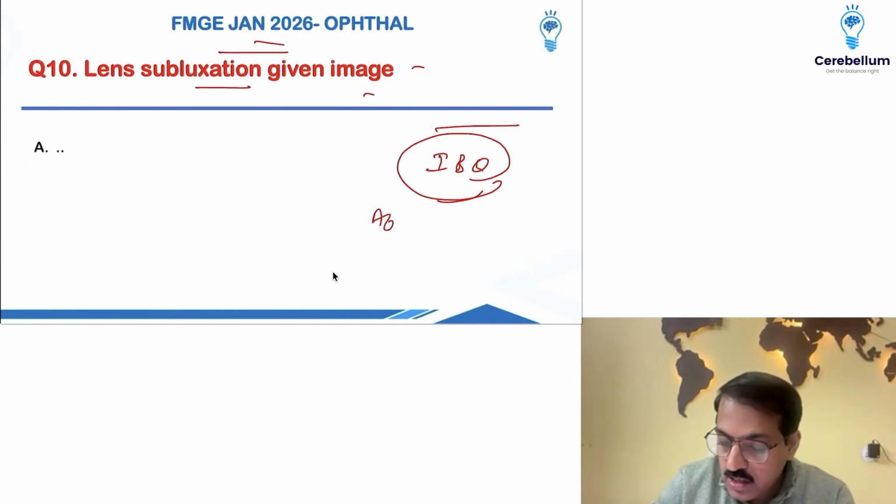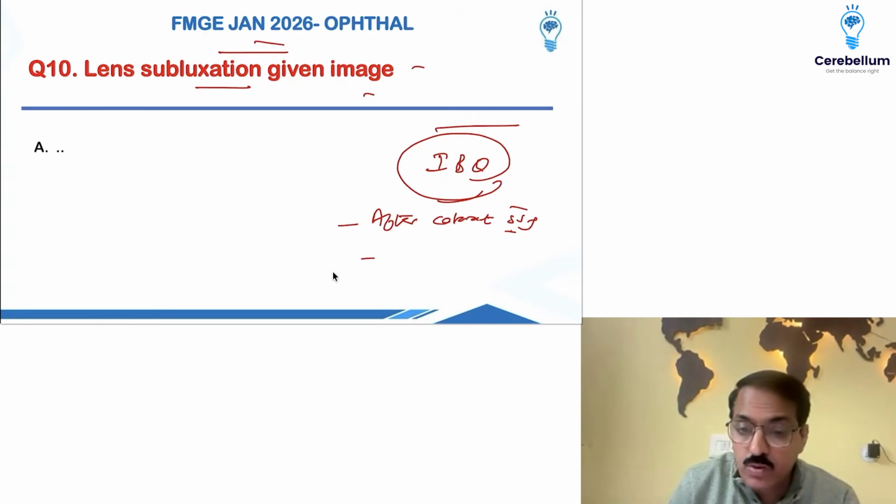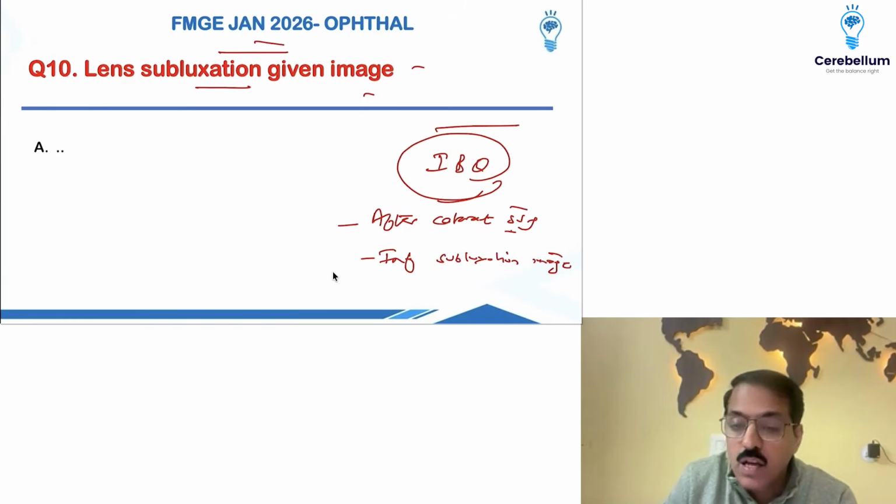What's the immediate post of cataract complication after? Inferior subluxation image was there.